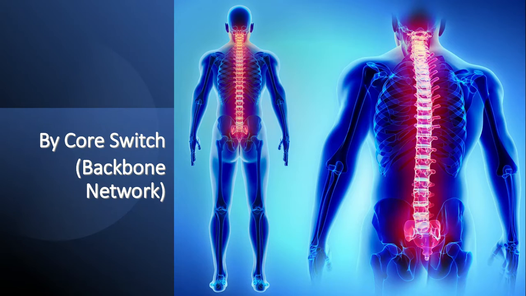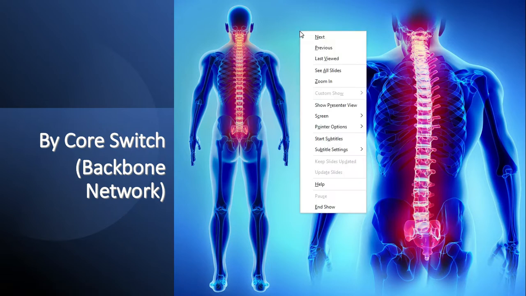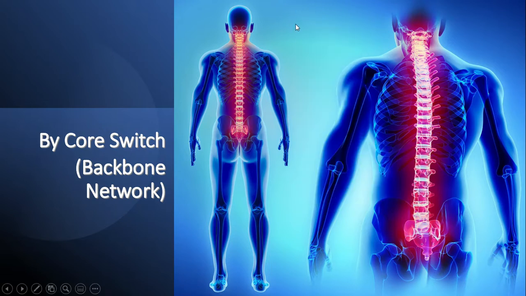First is by core switch. Core switch is also known as a backbone network. Just imagine by looking at this photo, you can see that this is the backbone of a human. It connects our hands, our legs, and our neck.